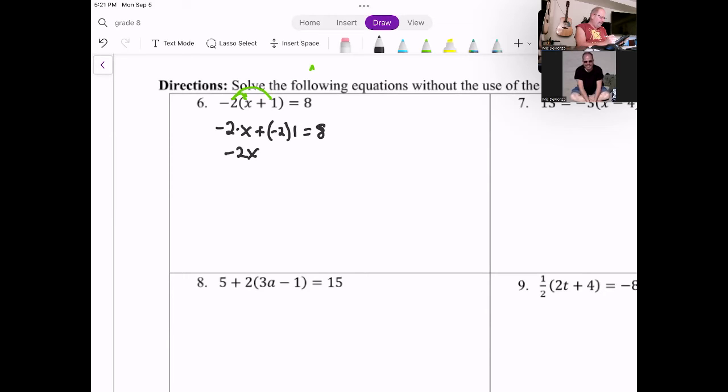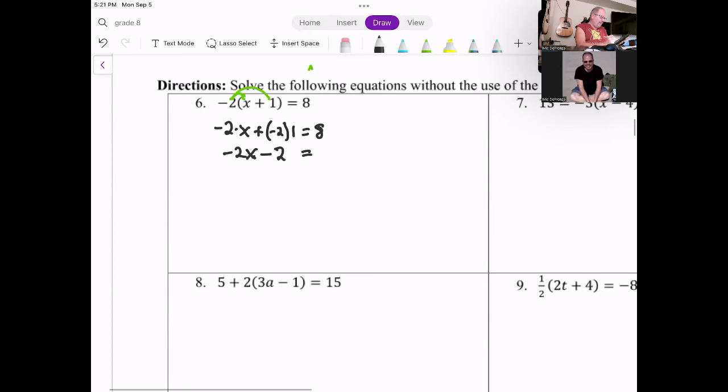So I could write plus -2, but I'm trying to simplify. This is the process called simplifying it to solve it. And so instead of having plus and negative, I'll just write -2. It's the same thing. So now I have -2x minus 2 equals 8.